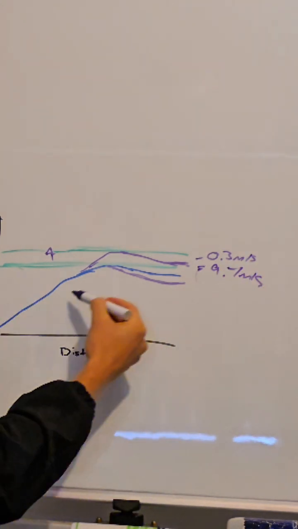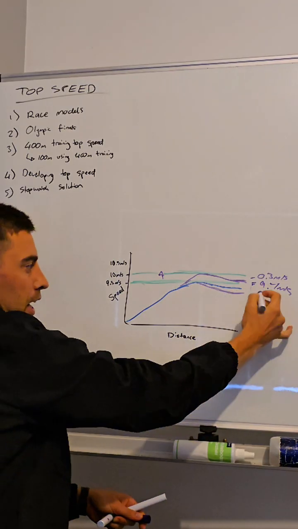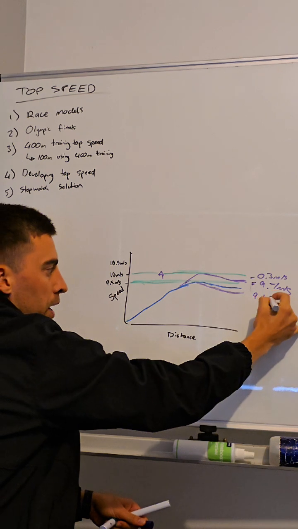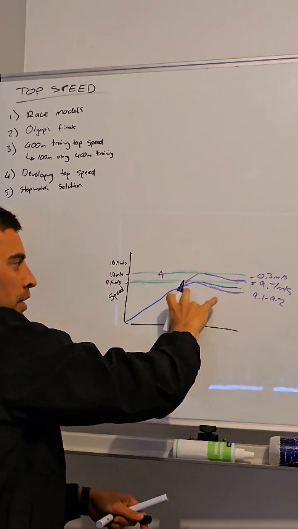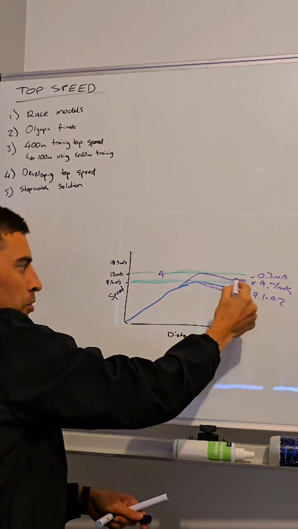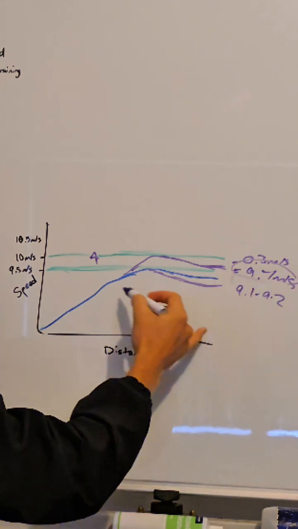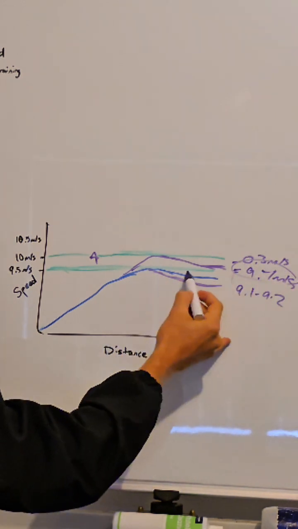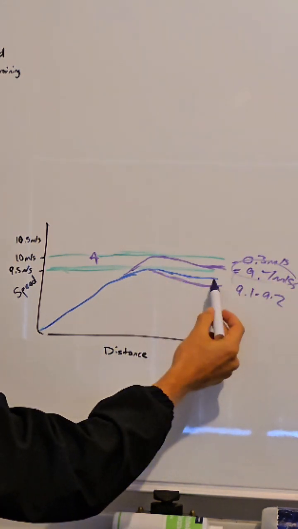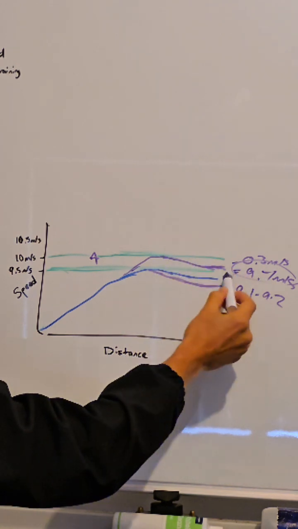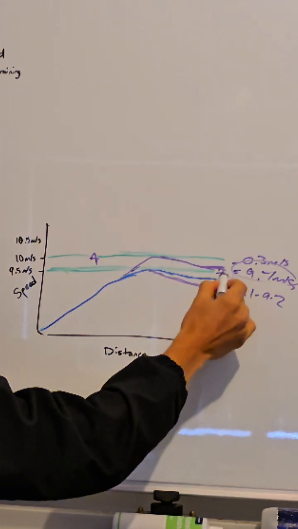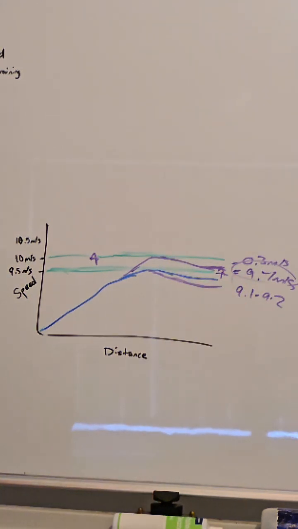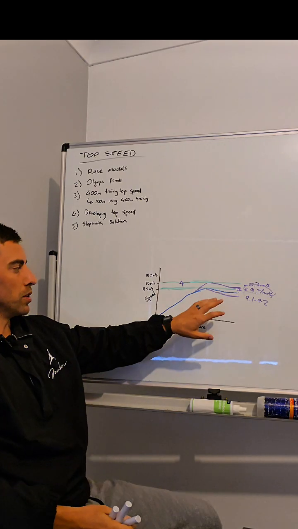So if the top speed here is 9.5 and they lost a lot, they're coming down to like a 9.1 and 9.2. Even if they do a terrible job at holding it, they're still moving at a higher speed here. In fact, we take the athlete in the first example that does a lot of work on holding speed and they do a good job of it. This person that's really dying at the end of the race is still considerably higher. And that's really what represents the true value in doing top speed.